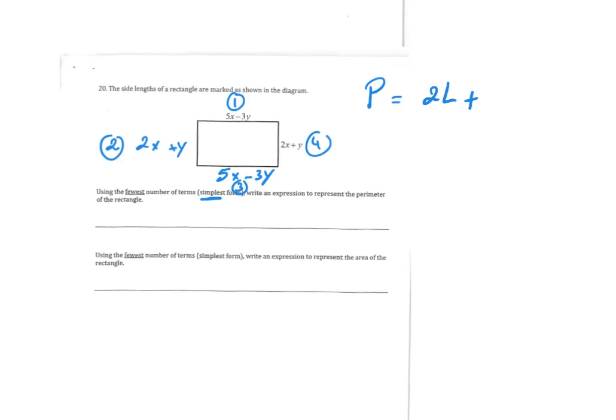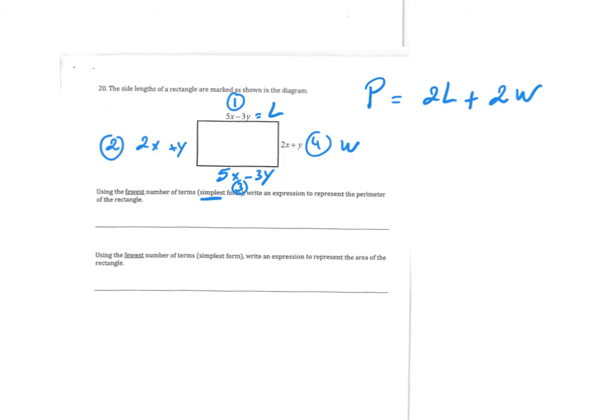So this is the length, that's L, and this is W, that's the width, right? And we can see 2x plus y, we have twice. So it's going to be twice the length plus twice the width. That's the perimeter, right? So in this case, we can use it here.